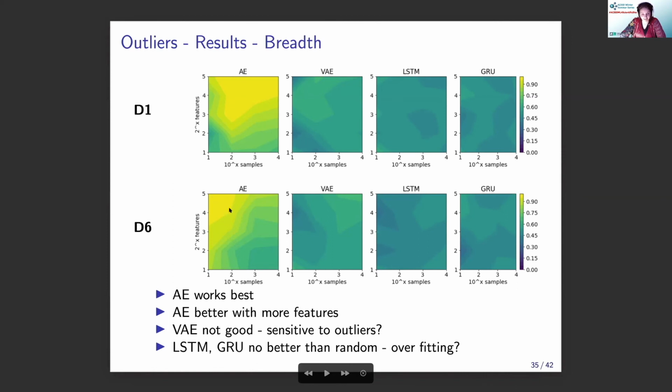And again, with D6, it struggles when it has above a certain number of samples, probably just because as the time series continues, the data gets more and more out of whack, and it really struggles. VAEs, surprisingly, really don't get it either. Though they work in a similar way to autoencoders, perhaps sampling from the distribution really isn't giving it enough information to find what it wants, as it's not modeling that distribution carefully enough.